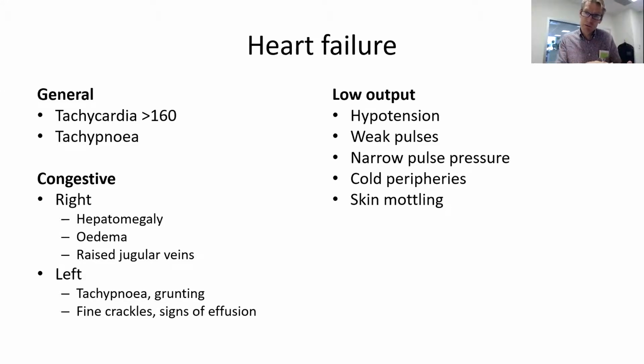So if the left heart's failing, the lungs get congested. If the right heart's failing, the rest of the body gets congested. And this is an important distinction to make. Often we actually see signs of both right and left heart failure, so biventricular failure. But I think it's important that we try to make a distinction between the two.